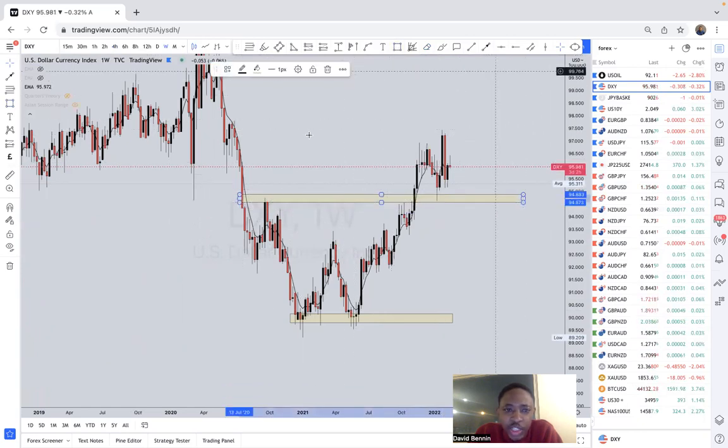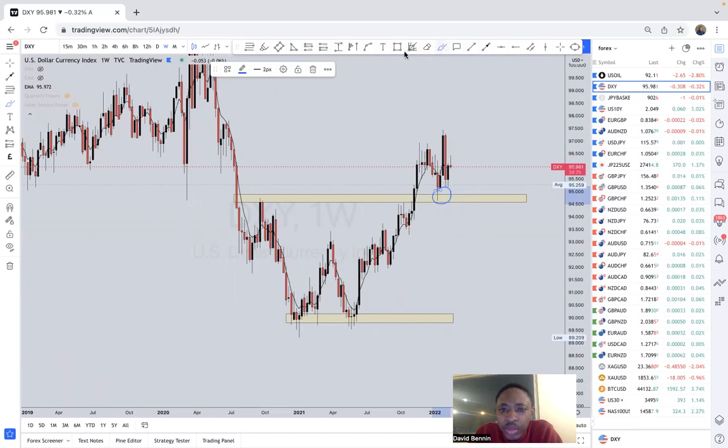And it looks like the market came back to test this level on the weekly time frame. And what did we do? The market pushed up to break this high here. So this high here was broken by this level here, which is really very important for us to take note of.